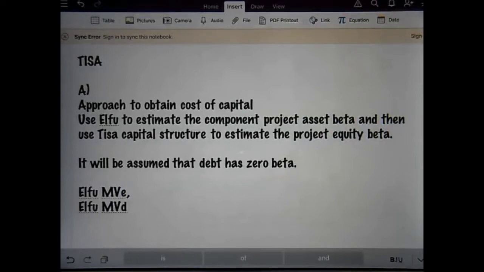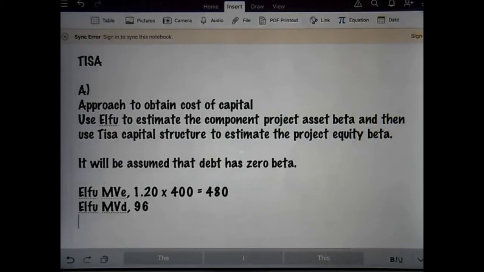Well, how many shares? You're given already the number. ALFU has 400 million shares, yes or no? 25-cent shares at $1.20 each. So it's going to be $1.20 times 400 million, yes or no? Equals 480. Got it? Next one. The debt was given to you, how much? It's 96. Okay, you're done.